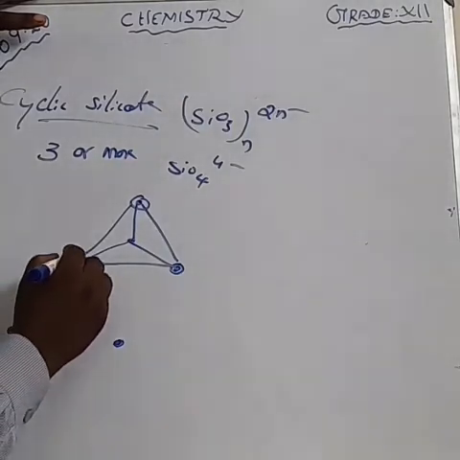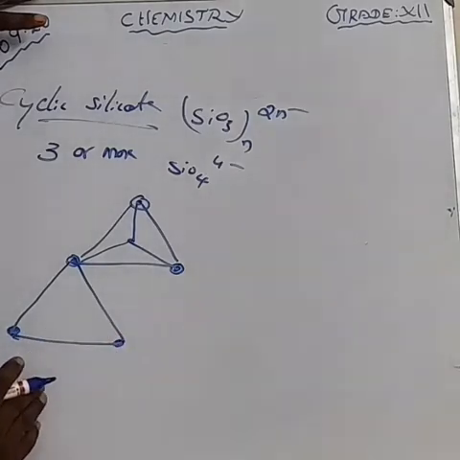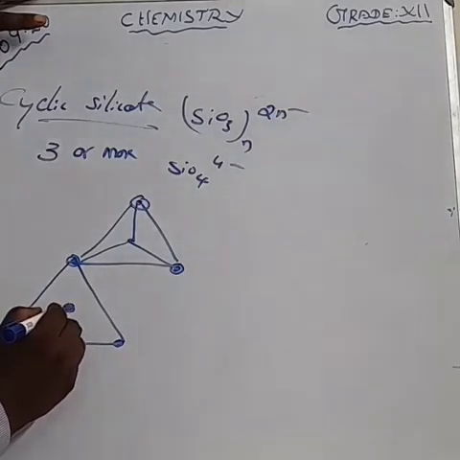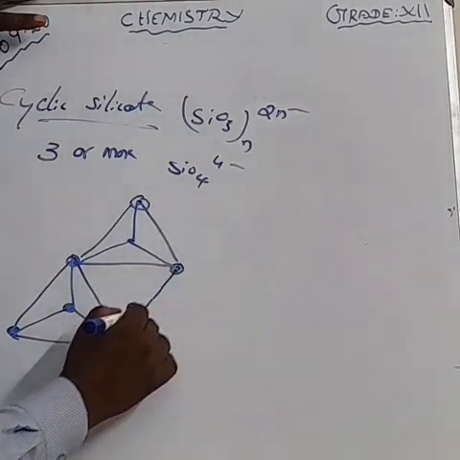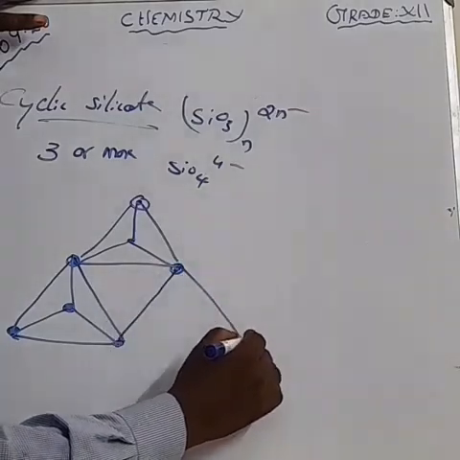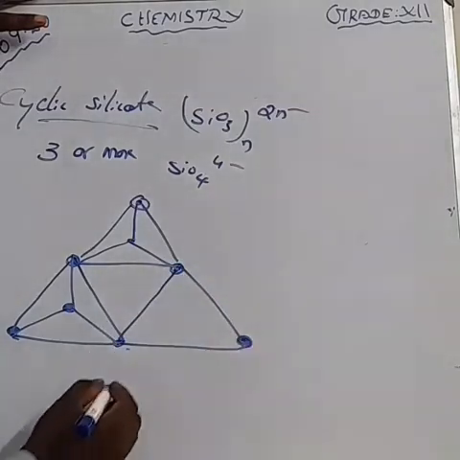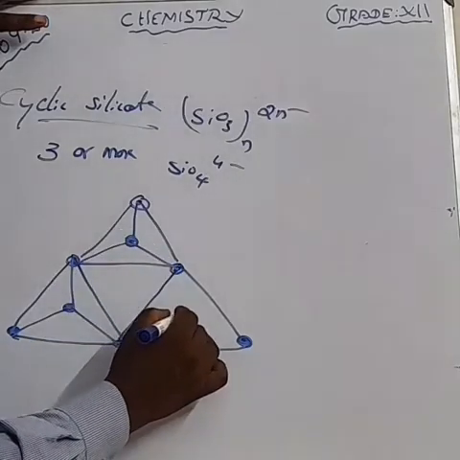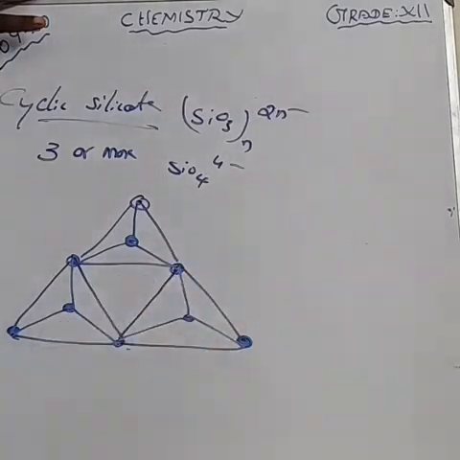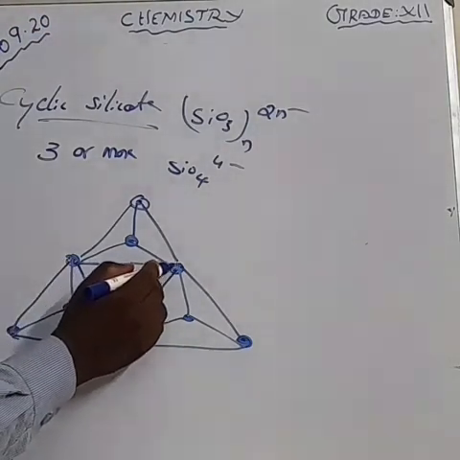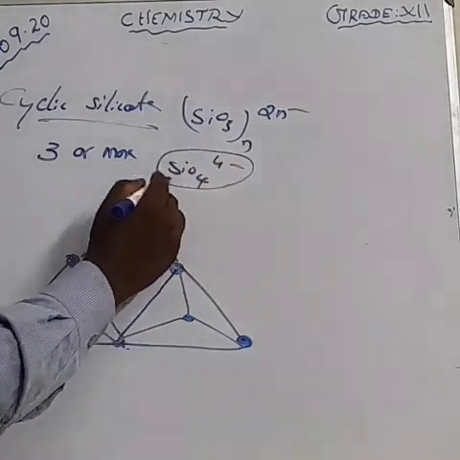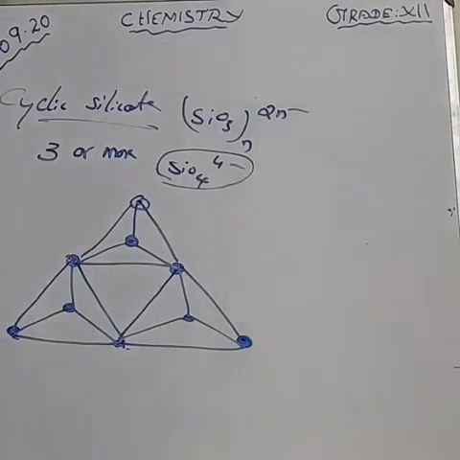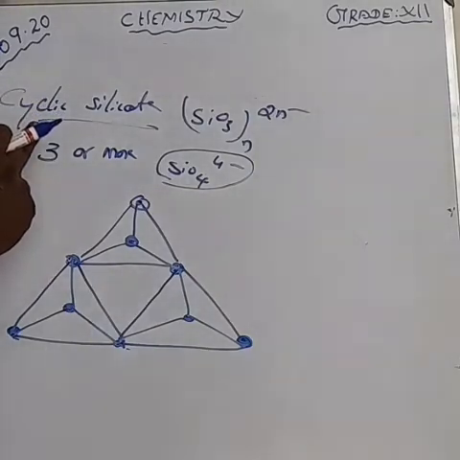They can be joined. The center is occupied by silicon. The next one: 1, 2, 3. The center is occupied by silicon. Here, this is 1, this is 2, this is 3. 3 or more SiO4 minus units connecting is called a cyclic silicate.